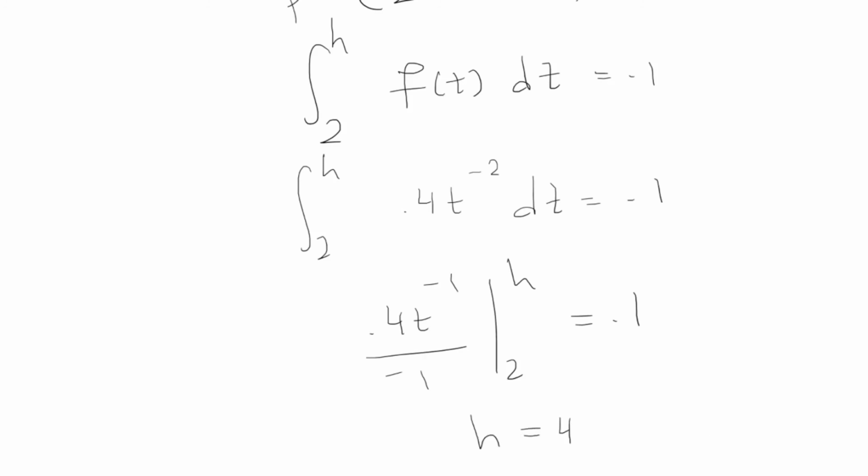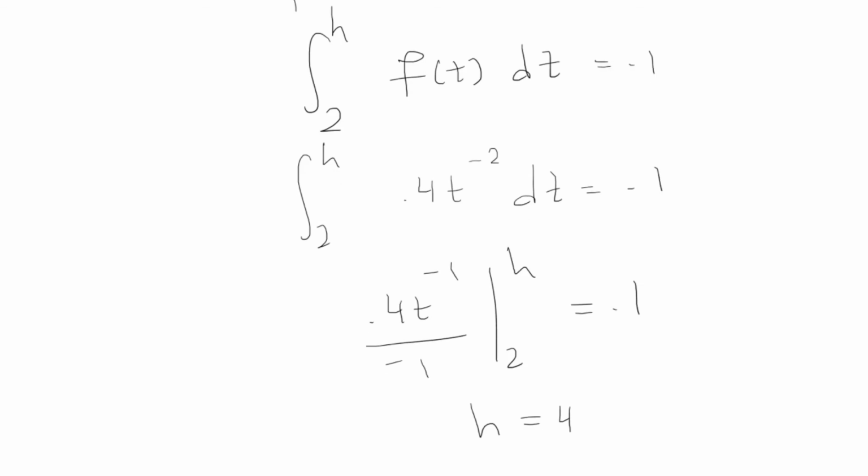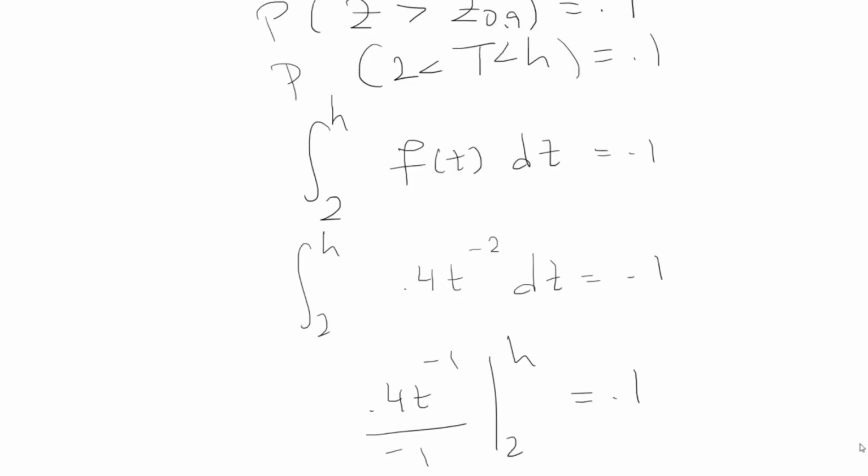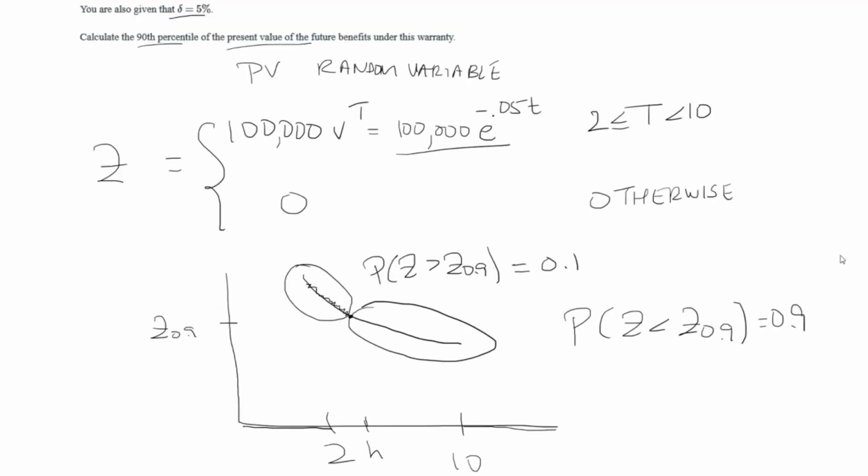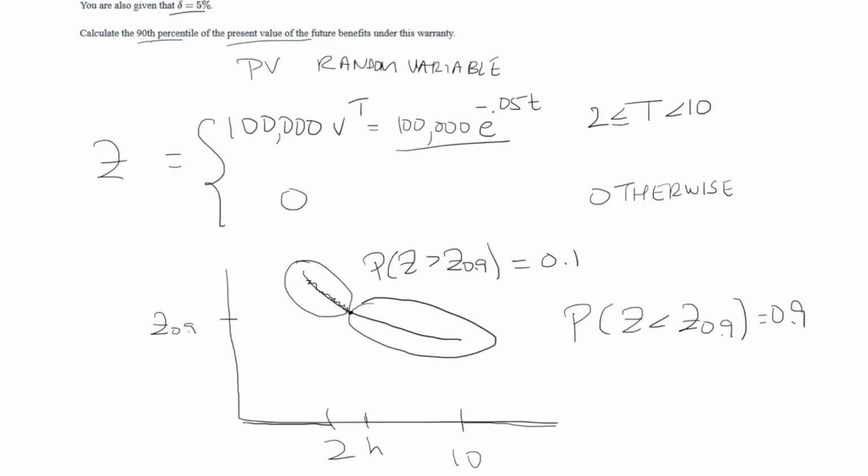In this problem, we want to find the present value. If you go back up, we want to calculate the 90th percentile. So we found the 90th percentile is when h is 4. Now we want to find the present value. The present value we denoted by Z. That's 100,000 times e to the negative 0.05t.